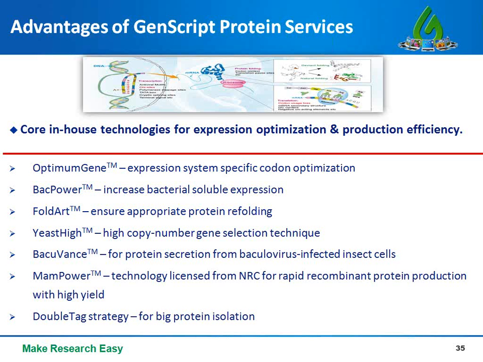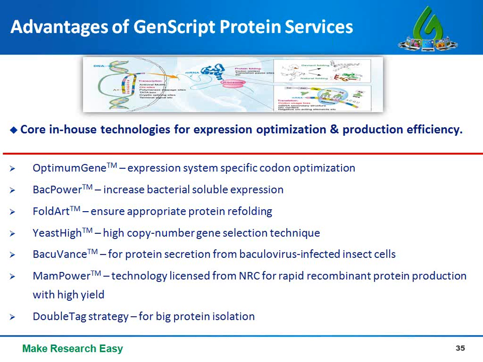For all our protein expression projects, we can utilize our optimum gene technology to do the codon optimization. We optimize the gene expression from the very beginning, the sequence. In addition, we have our optimized technologies for each expression system: BacPower for bacteria expression, YeastHigh for yeast cell expression, BACUI for baculovirus insect expression, and MammoPower for mammalian expression.